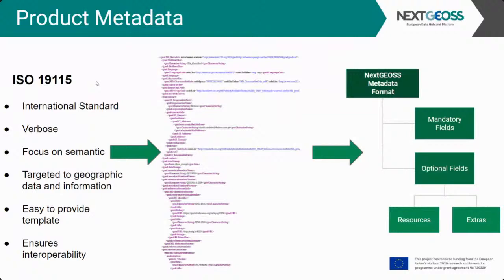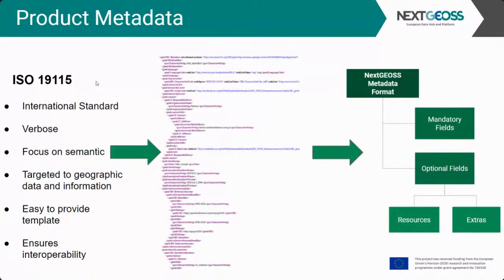It's typically a very verbose standard, meaning that it declares a lot of information for the different datasets. It's focusing on semantics, so it's really customized. The fields are really descriptive in terms of what they contain, so you are able to navigate through it in a very straightforward way.